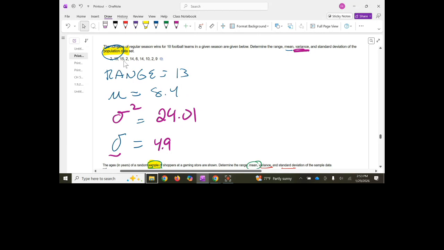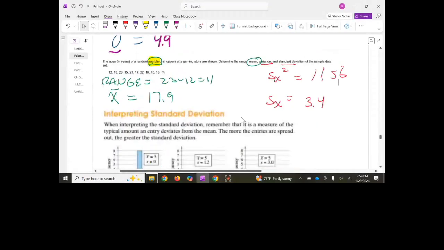But do you see how we had some teams that only won 2 games? That's a pretty big spread, right? Some teams won 15 games. So the bigger the spread, the bigger my standard deviation is going to be. If my numbers are close enough together, then my standard deviation becomes a smaller number, because what we're saying is it didn't really change that much. Everybody won about the same number of games, okay?